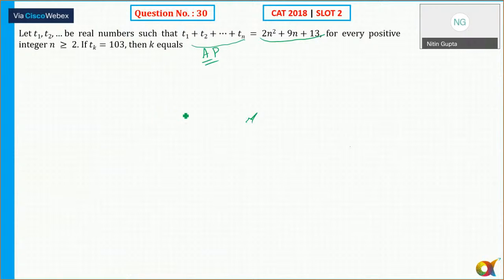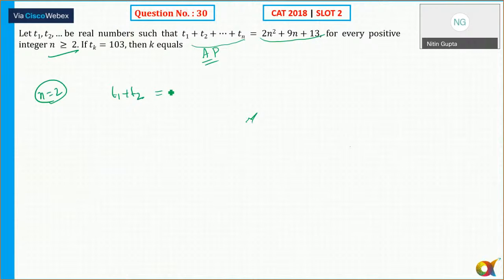Okay. So I'll put n equal to 2 because this formula is valid for n greater than or equal to 2. If I put n equal to 2, what will come? So if I substitute n equal to 2, I'll get the sum of the first two terms, that is T1 plus T2. And T1 plus T2 comes out to be how much?